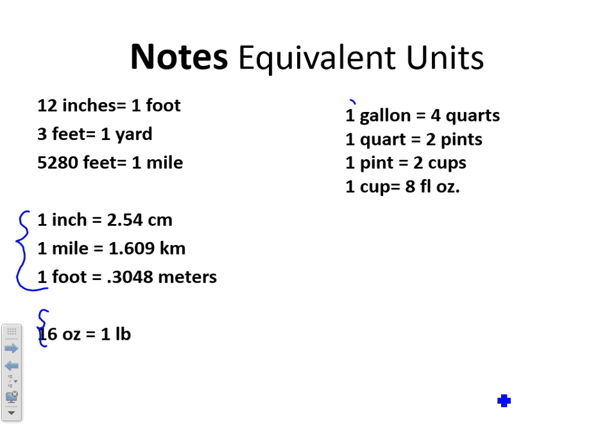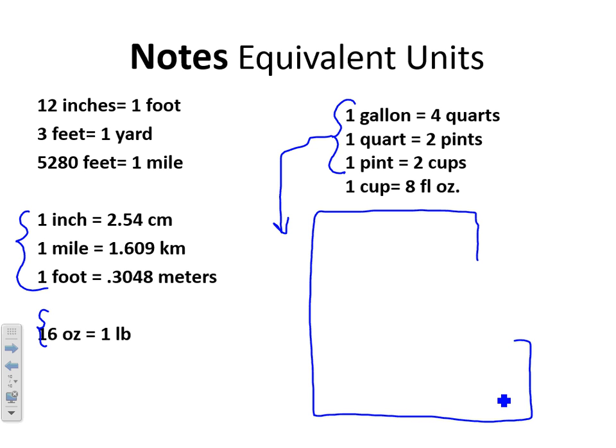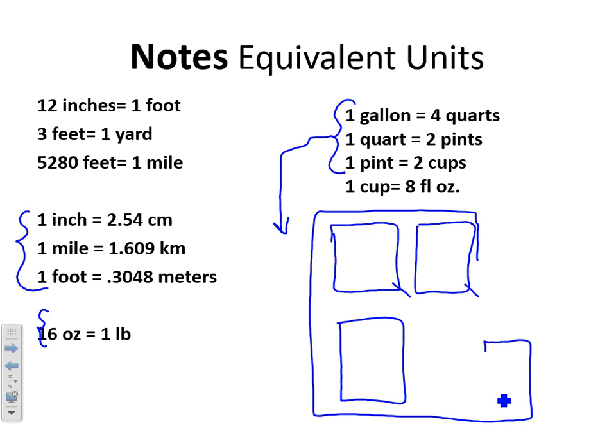Now, when I was in 8th grade, I learned this handy dandy trick from my facts teacher. Gallon. I draw a gallon, and in that gallon, I have 4 quarts. This is just a visual for those of you that need the visual. It helped me, and I've never forgotten it since.